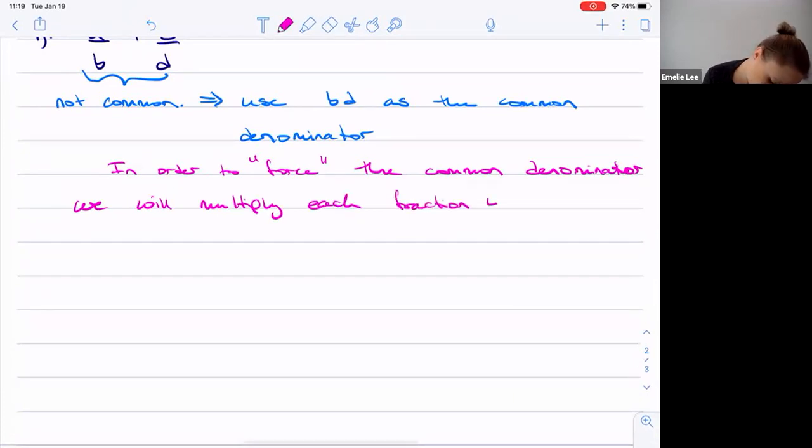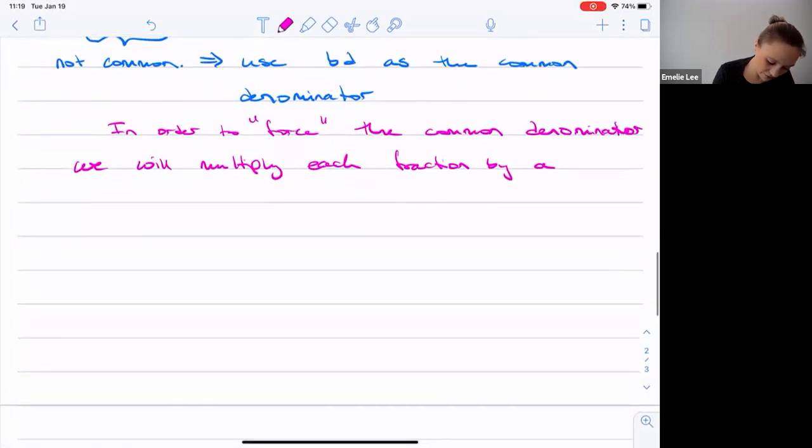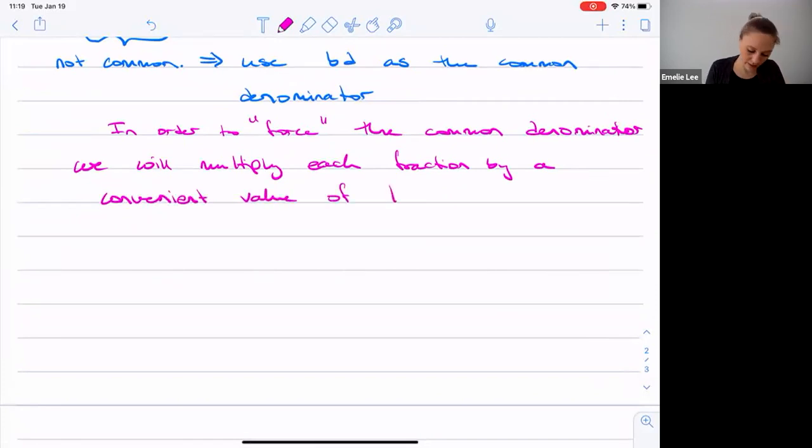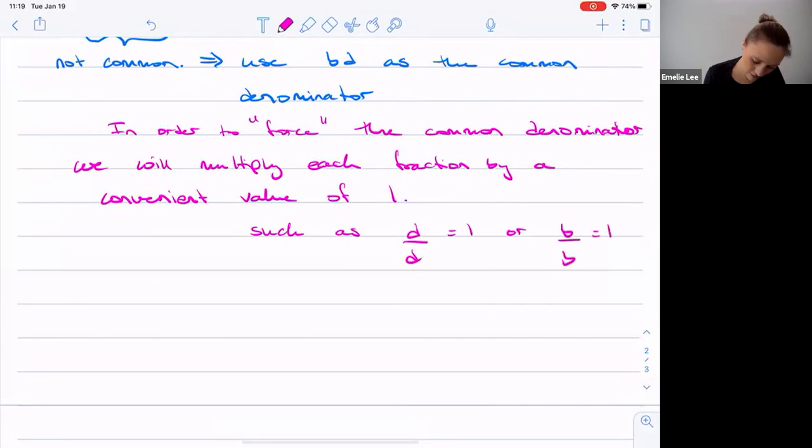Each fraction by a convenient value of 1. Right? Such as d over d is 1, right? Or b over b is also 1, right?